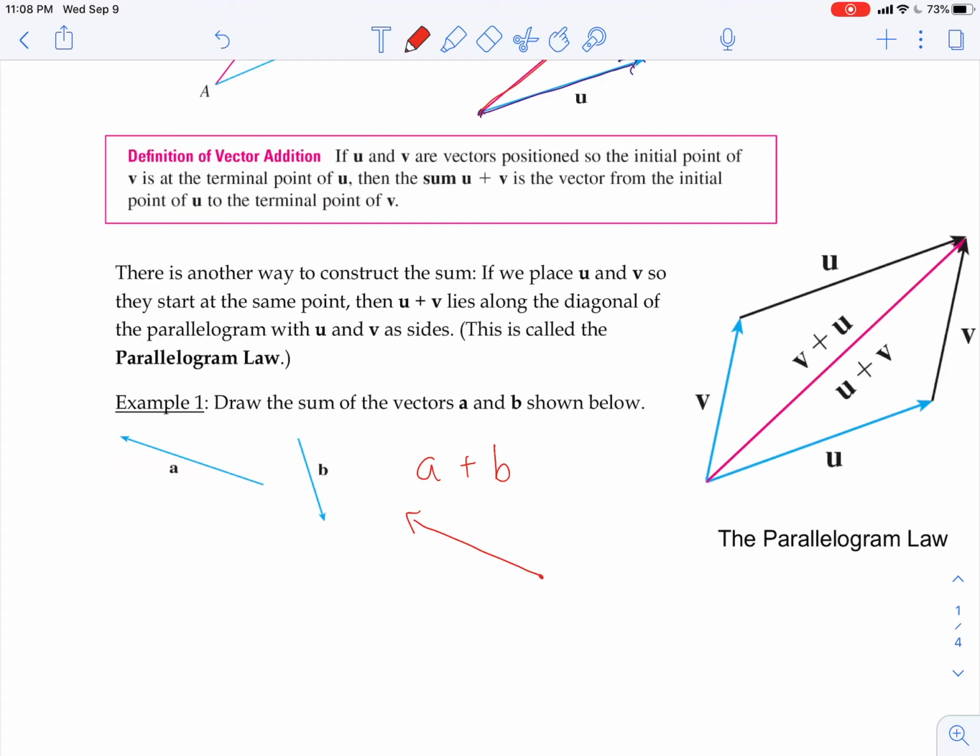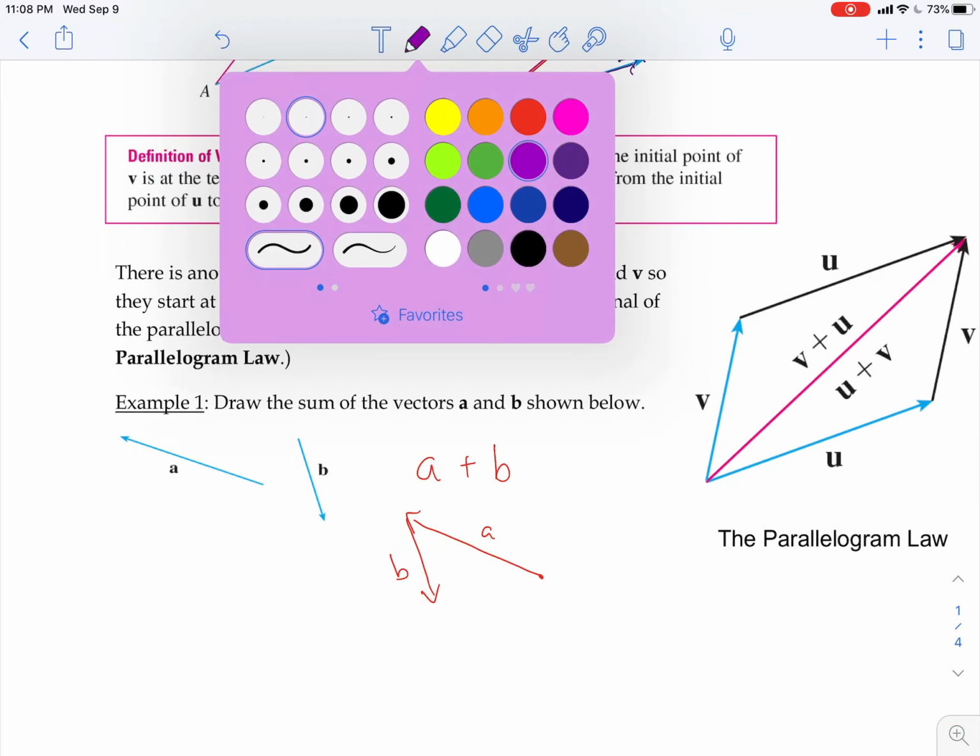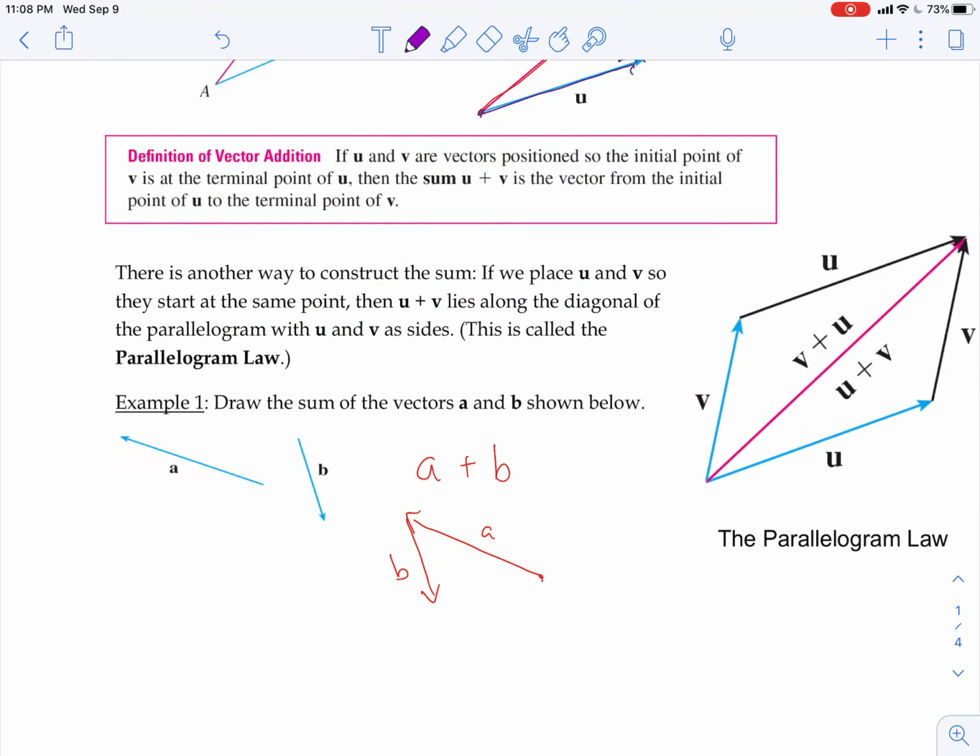And again, you're going to try to do this as best you can. You're not going to be perfect. So we're just going to label that a. And then we have vector b. Label that b. And then the sum of these two vectors is going to be the initial point of a to the terminal point of b. And that's going to be a plus b. And there's the solution.